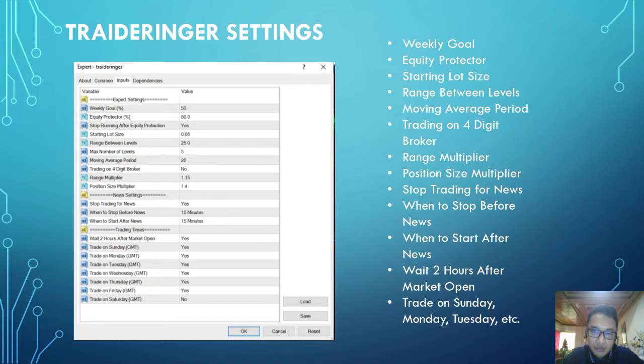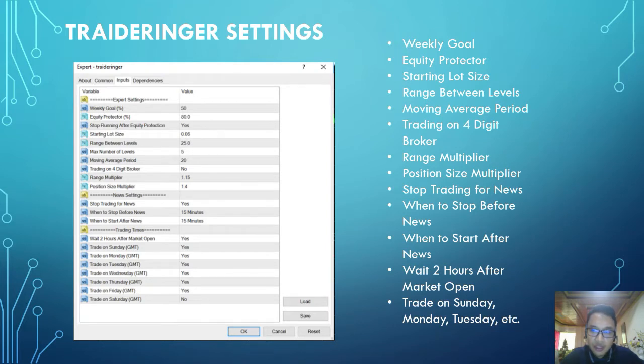All we need to do is set the orders of the robot lower so that for certain swings in the market, we won't get a margin call. So it is better to put the equity protector higher, like 80% or 100% for me. If you're really conservative, you could set it to 20%, but usually if you set it to 20%, it could hit your equity protector, especially on big spikes.